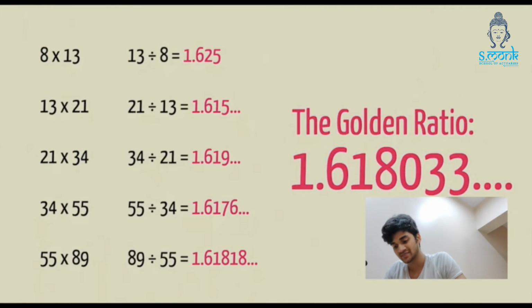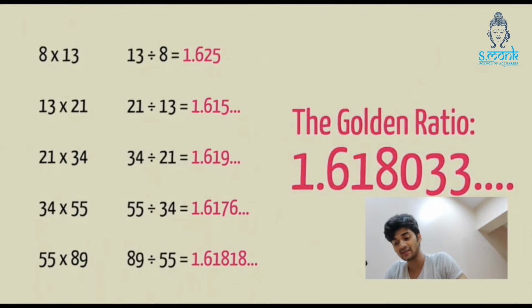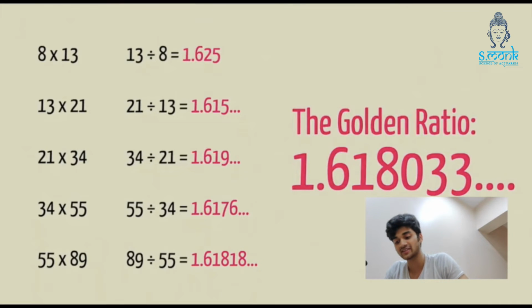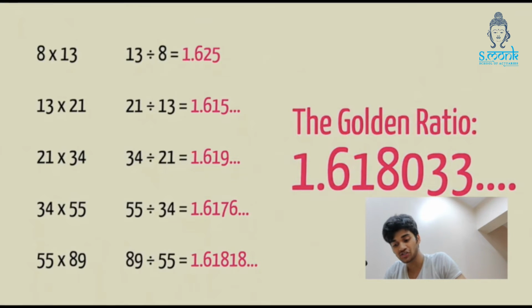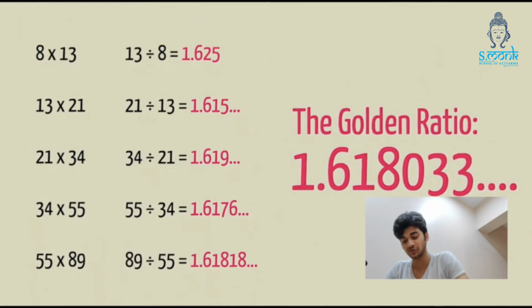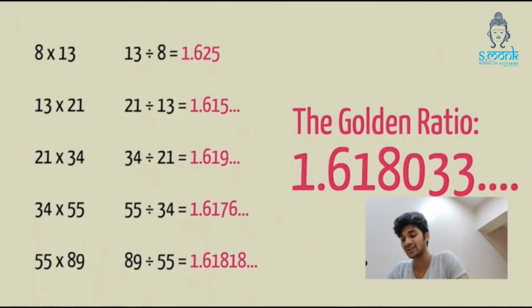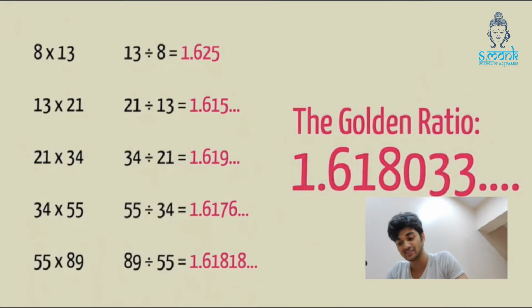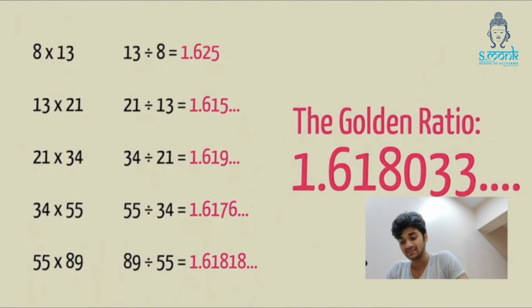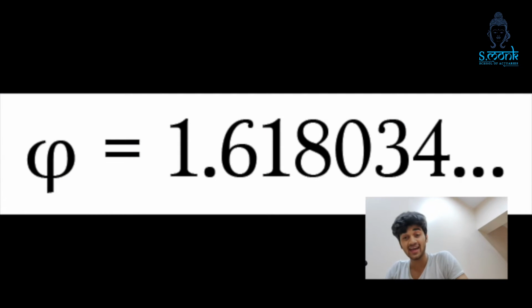Now check this out. As the size of our rectangles increase, if we divide the bigger rectangle by the immediate previous smaller rectangle, we approach a ratio known as the golden ratio, which can be approximated to a value of 1.618033.